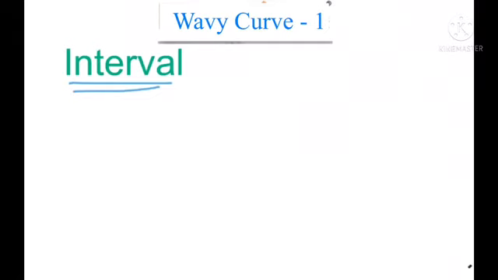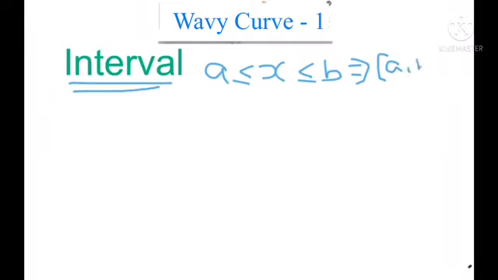Interval means, if I write in this form, that x belongs to less than or equal to b, more than or equal to a, then you can easily understand. The same thing we can write as a closed interval a to b, x belongs to [a, b].